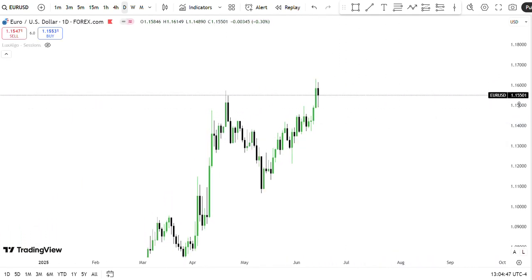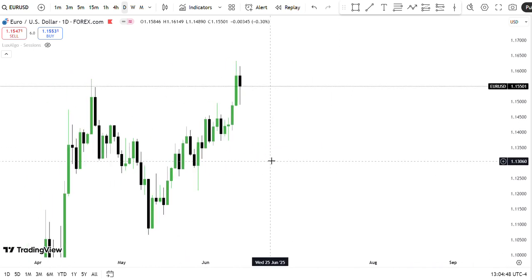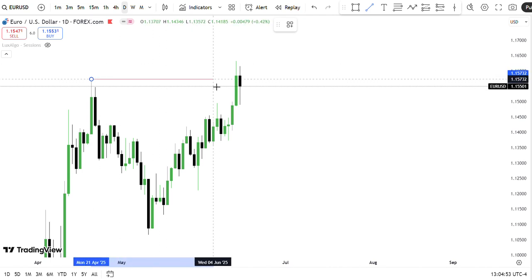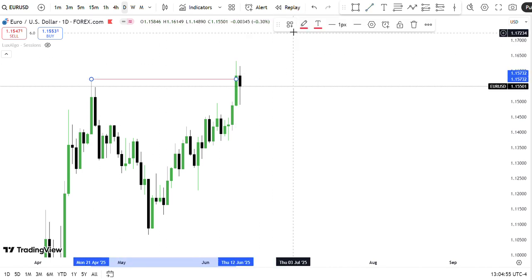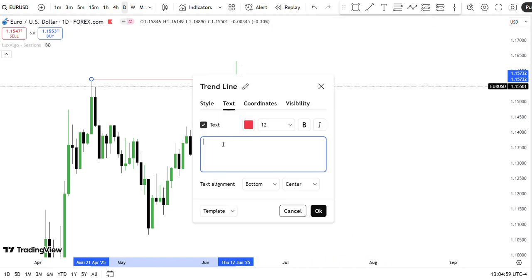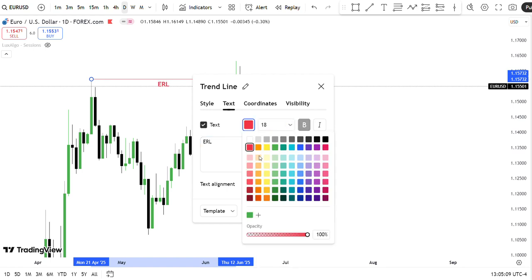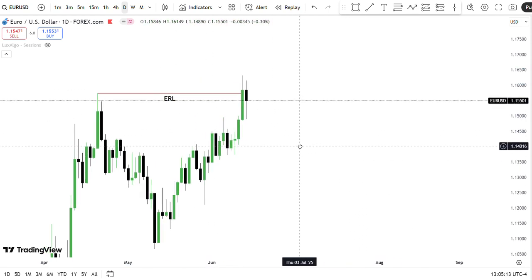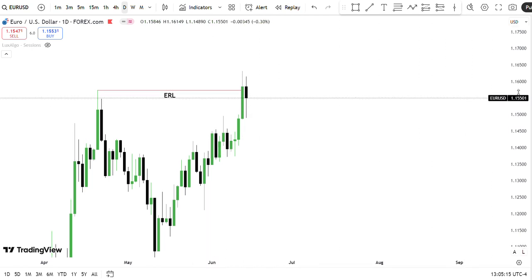ERL is external range liquidity. I am marking it here very bold, size 16, in black color. If the market takes ERL, it will go to IRL.